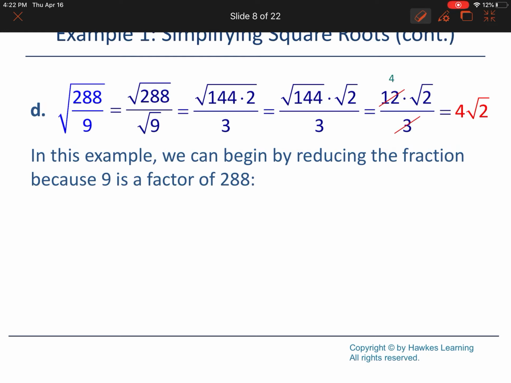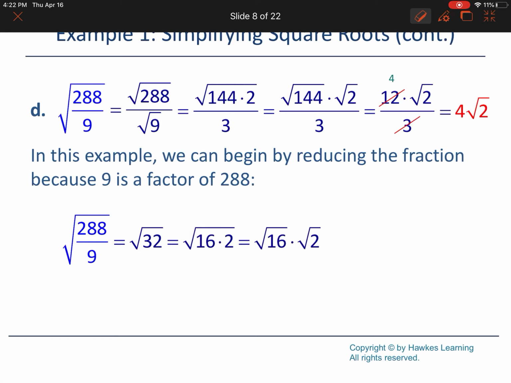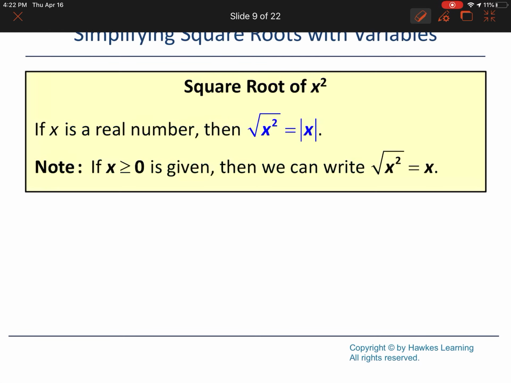If we actually check 288 divided by 9, well, that goes in evenly, and that is the square root of 32. Okay, so now I'm just trying to reduce the square root of 32. And the square root of 32 is 2 times 16, so that's going to be my 4 root 2.